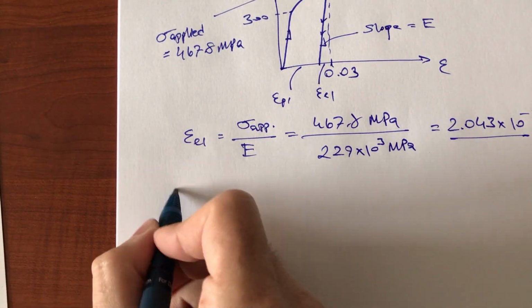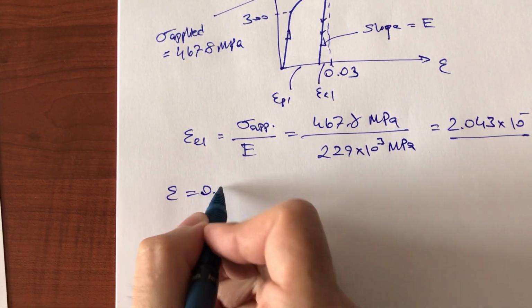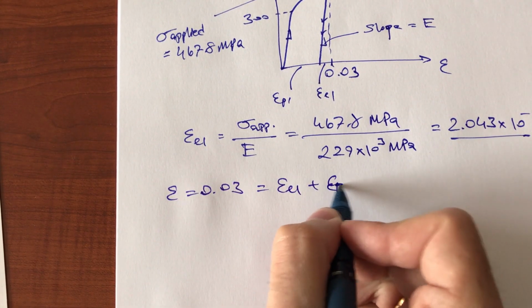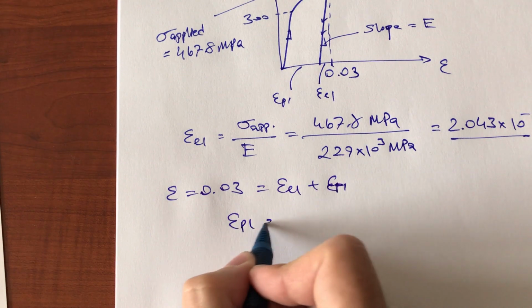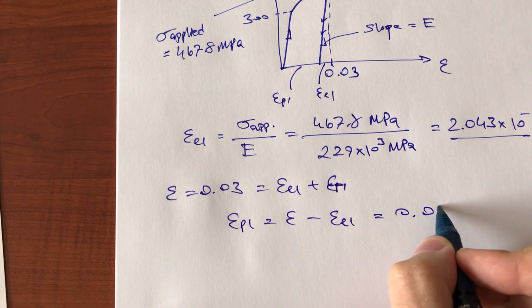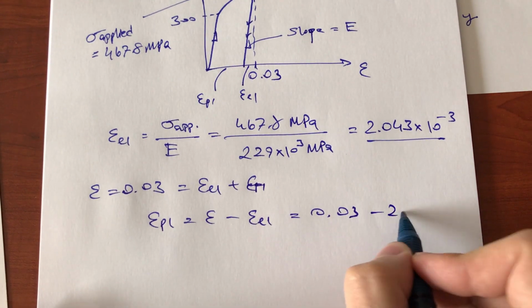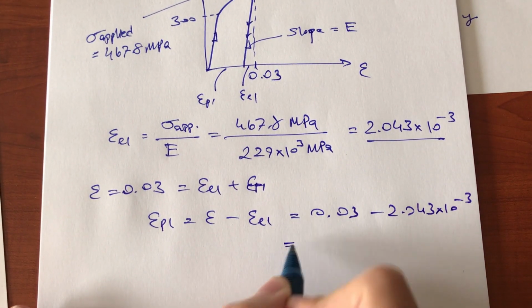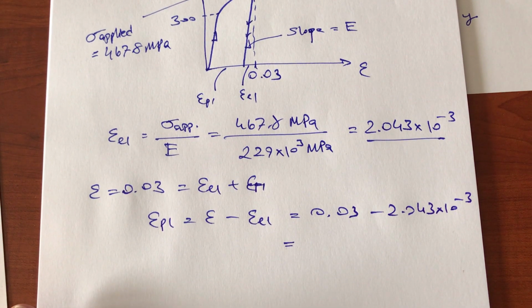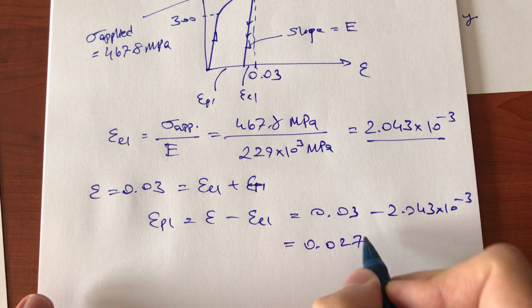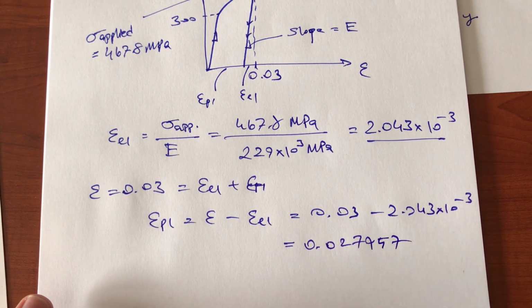Then we have the total strain, 0.03, elastic plus plastic, then plastic is total minus elastic. Then this turns out to be 0.027957.